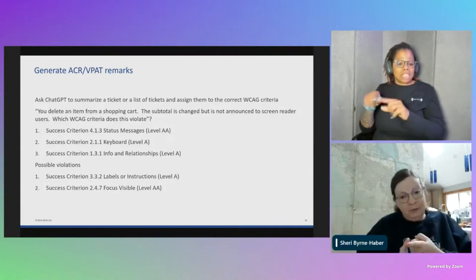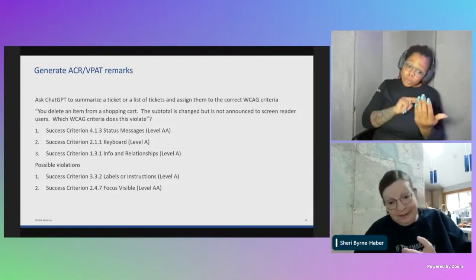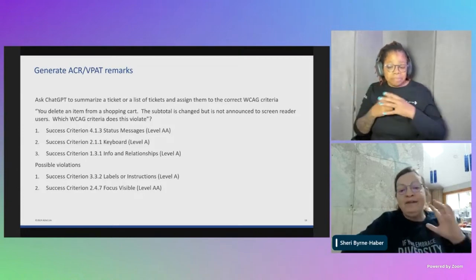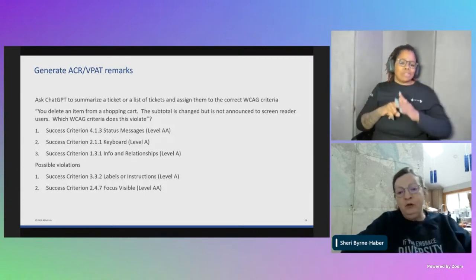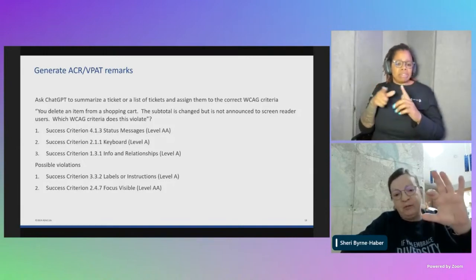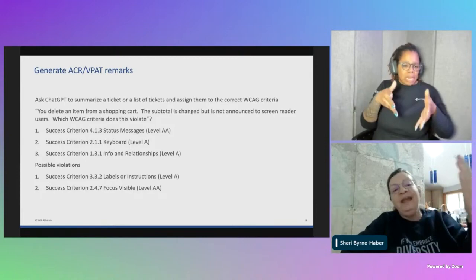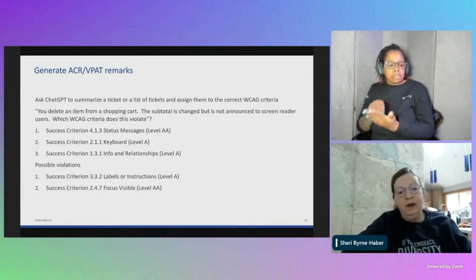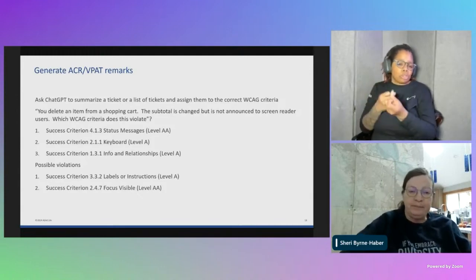Now, you have to go through and review it. You might not like the language that it generated necessarily, but it's a great starting point to getting everything that you need from the tickets that are remaining that haven't been resolved into remarks in your partially supports sections of your VPAT.